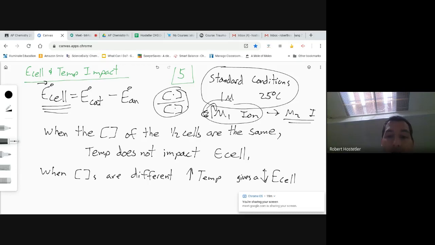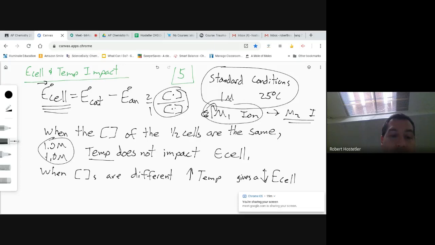Oh, also, if your concentrations are identical, not just the ratio doesn't change, like before if we said it was 2 to 1 and then you double them both, it's still going to be a 2 to 1 ratio. Here I'm talking about if the concentrations are actually identical, like 1 molar and 1 molar. If they're both exactly the same, then messing with the temperature is not going to change E for the cell at all.